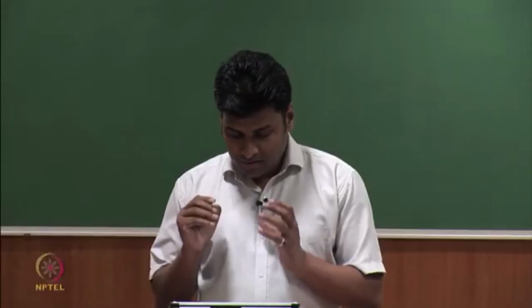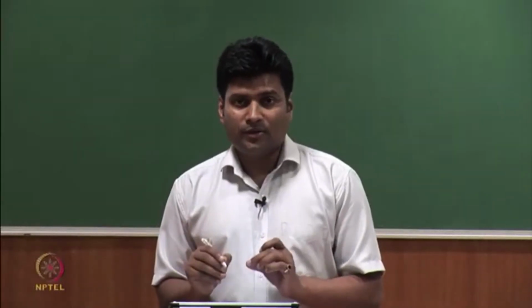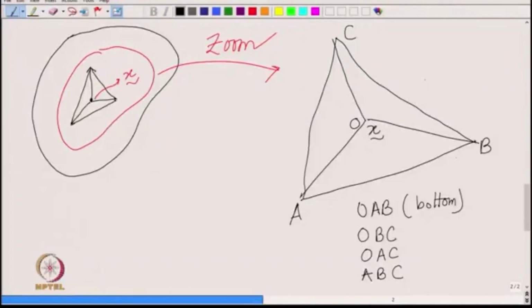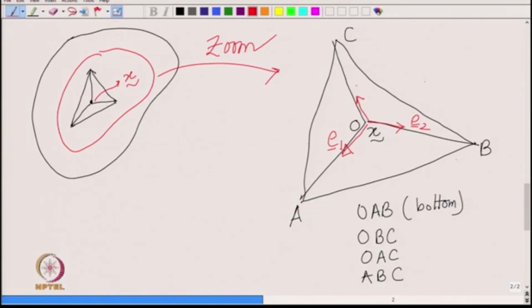Or let me put a coordinate system here, so that along OA we have E1, along OB we have E2, and along OC we have E3. Okay.